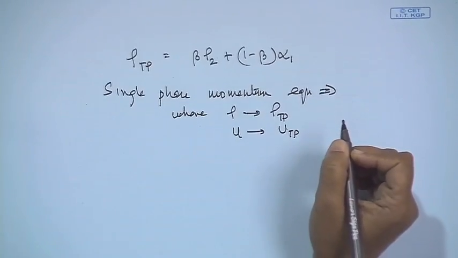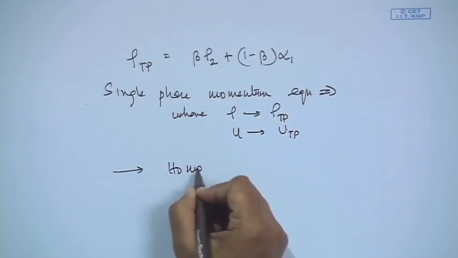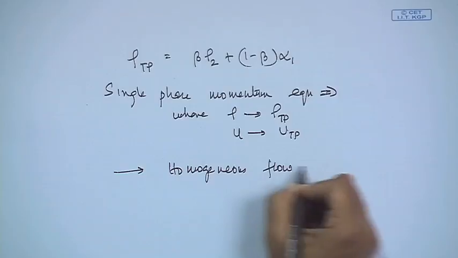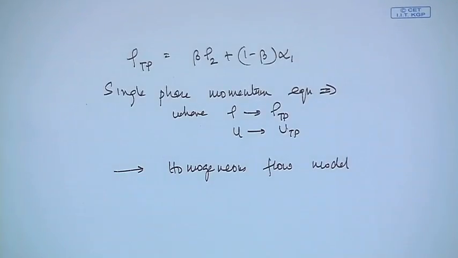This particular model is known as the homogeneous flow model, where we assume the two fluids to be completely mixed and flowing at the same mixture velocity, and in this case the single phase momentum equation is applicable with suitable average properties.